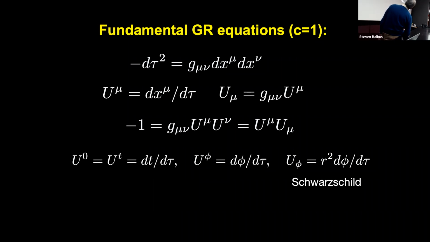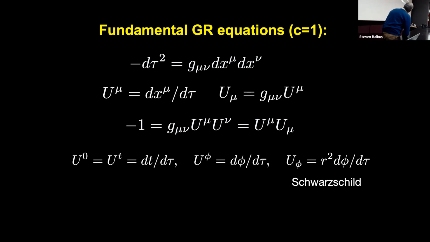And it also turns out that these quantities, the covariant velocities, turn out to be constants of motion. So it will turn out, for example, that u phi, that's the angular velocity, d phi d tau. Notice we use d tau there, not dt. We use the invariant time element, d tau.